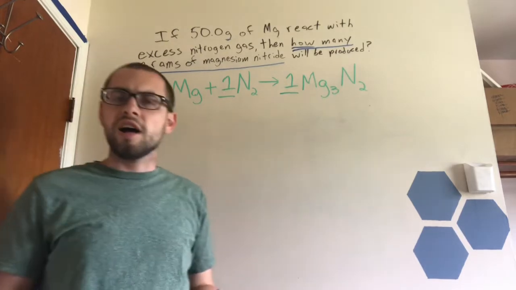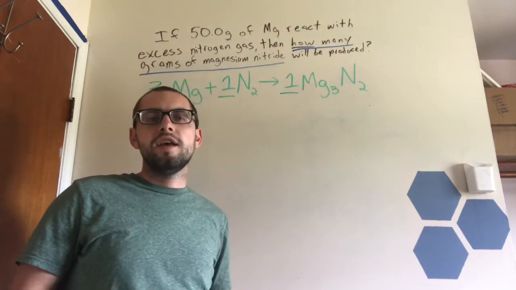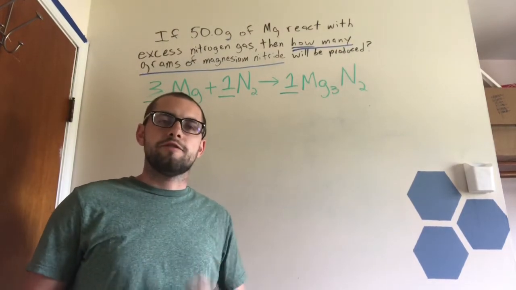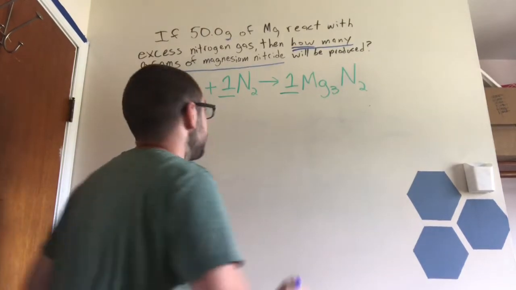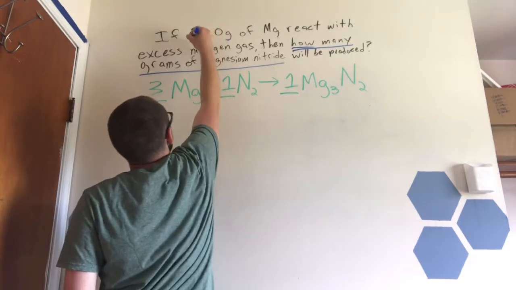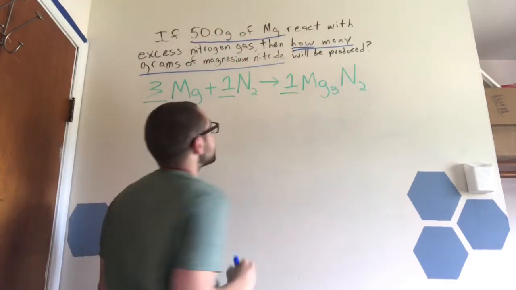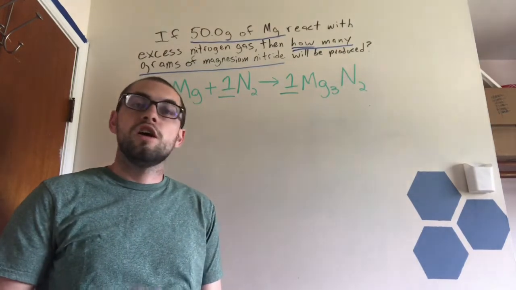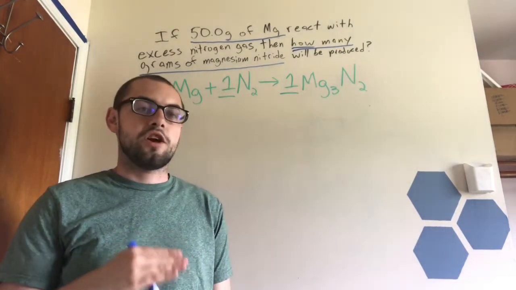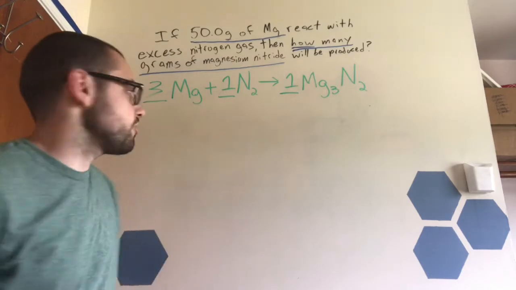The other potential starting point is the given information. What information did the problem give me to start off with? I know that I'm starting with 50 grams of magnesium. So I could use that as my starting point too. I'm going to show both ways really quickly here.